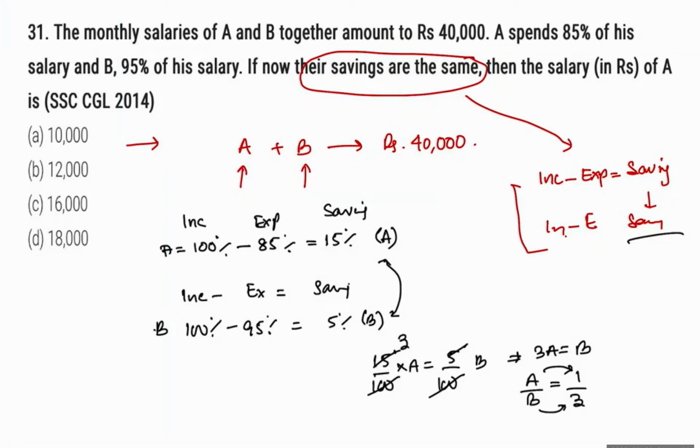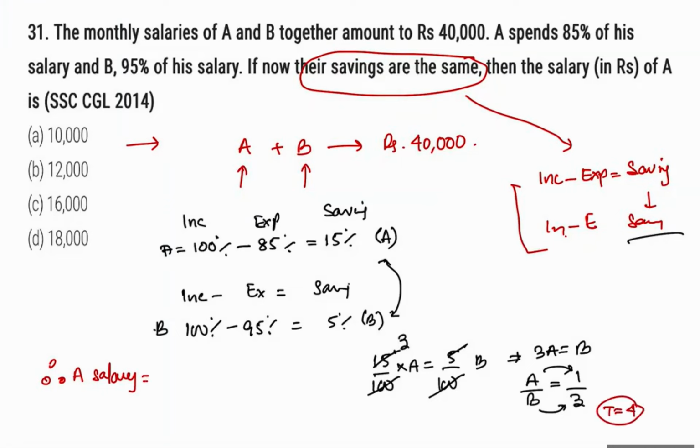Let A's salary be A and B's salary be 3A. Therefore the ratio of A's salary to B's salary is A1 to B3, and the total is 3 plus 1, which is 4.